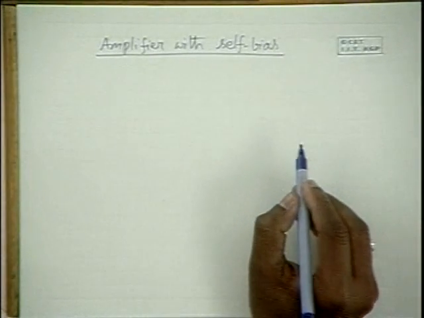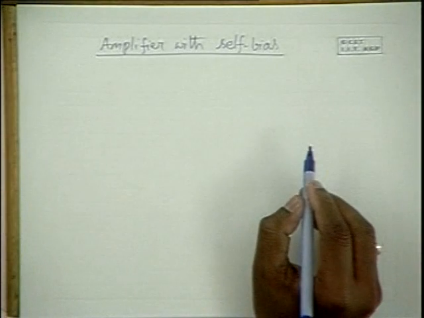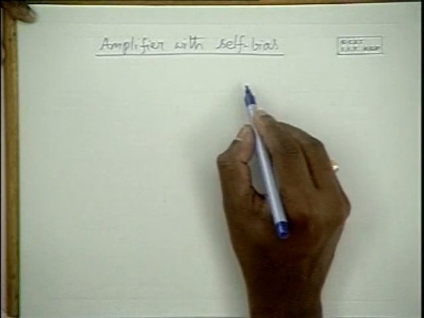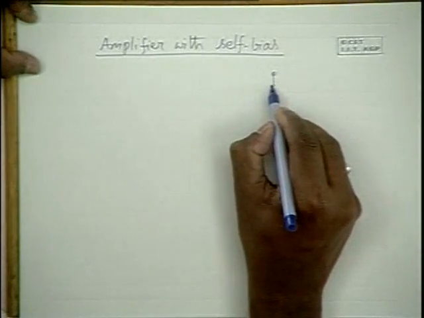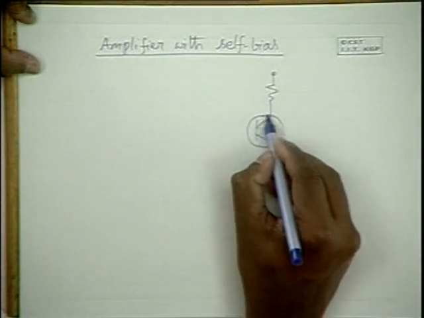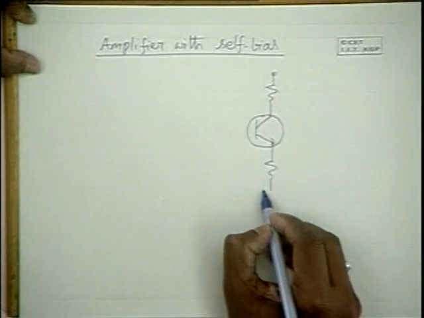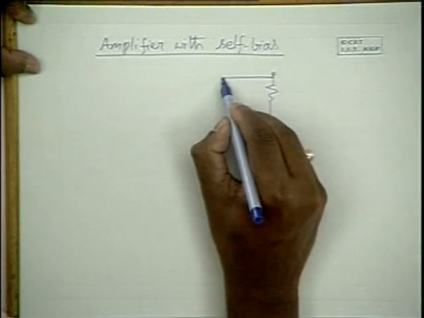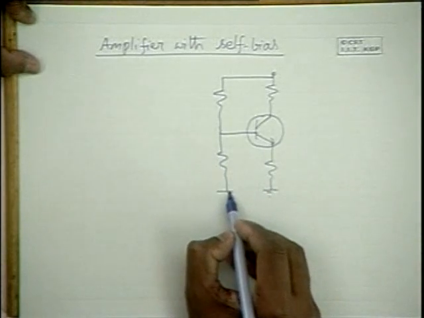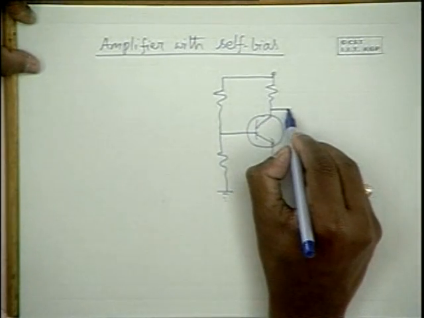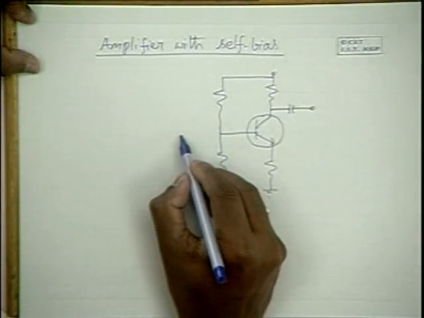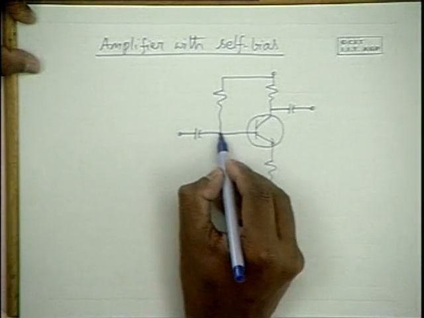So let me give you the circuit. The circuit of the amplifier is like this. I am not showing the coupling. Okay, let me show the coupling capacitors, because I am calling it an amplifier circuit.